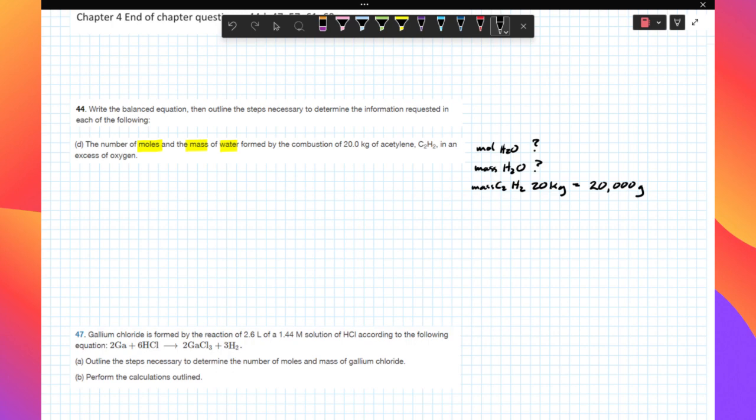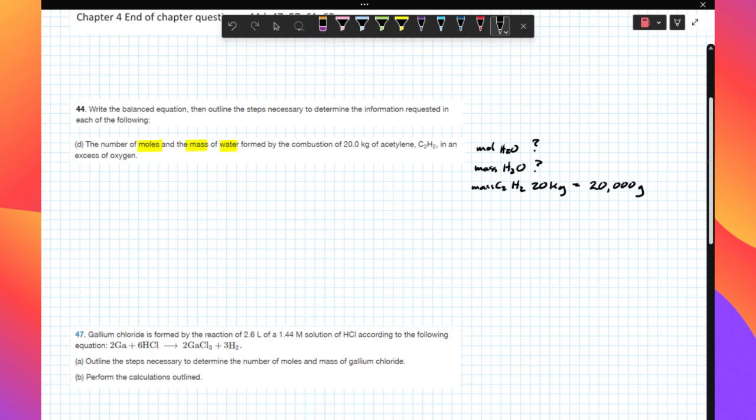Eventually we're going to have to look up the exact atomic mass of C2H2, so we'll get to that in a second. First, we need to write the balanced equation.